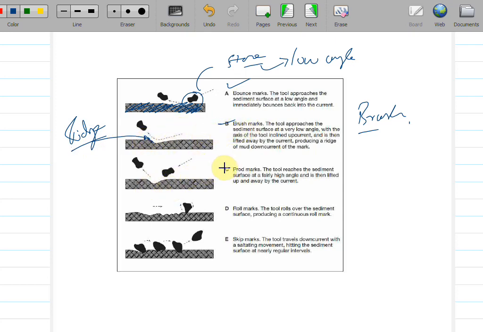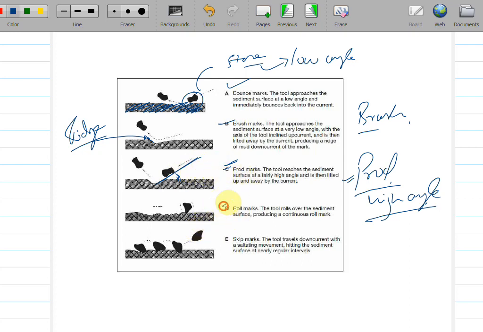Then there are prod marks. A prod mark is when the tool is approaching at high angle, and then again it is bouncing back. So if the tool, the stone whatever, is approaching at high angle, then that is known as a prod mark.